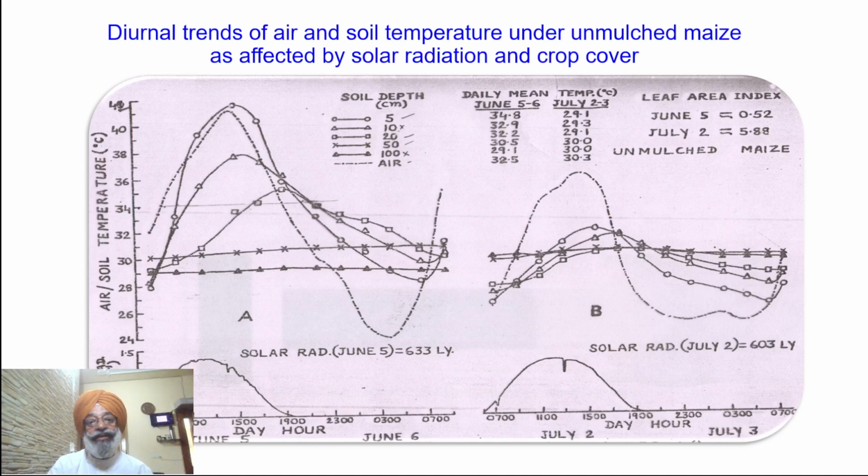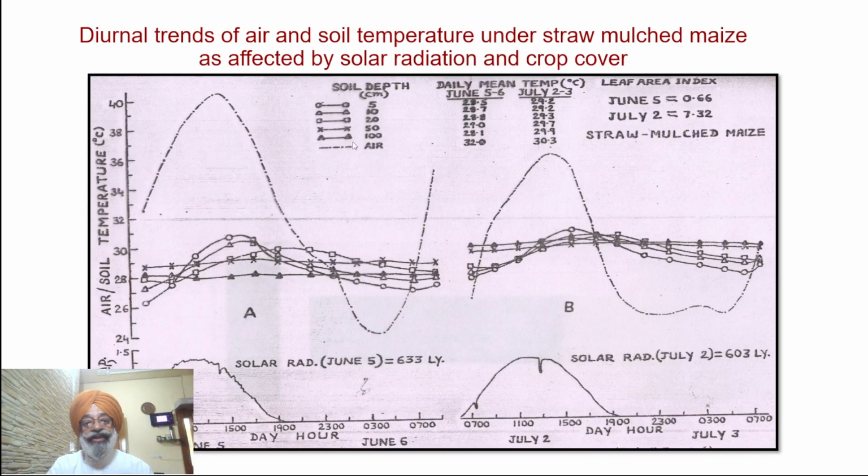But then these values decreased to 4.3 degrees centigrade as compared to 13.8 in unmulched, 3 degrees centigrade at 10 centimeter in comparison to 8.6 degrees centigrade in unmulched, and at 20 centimeter it was just 2.1 degrees centigrade with straw mulching.